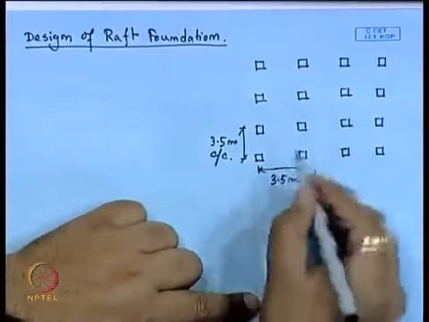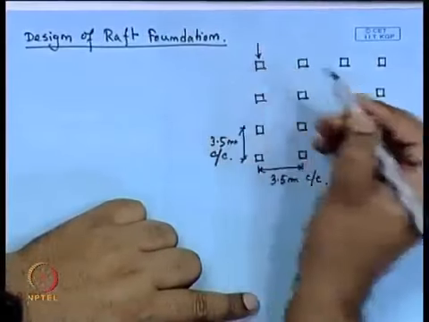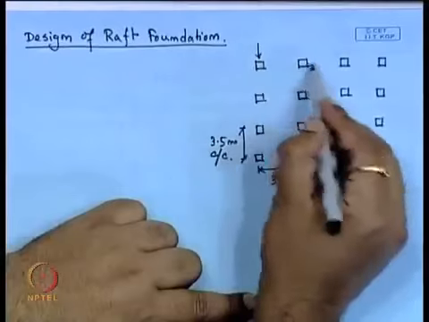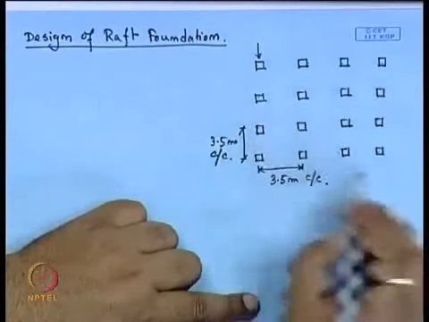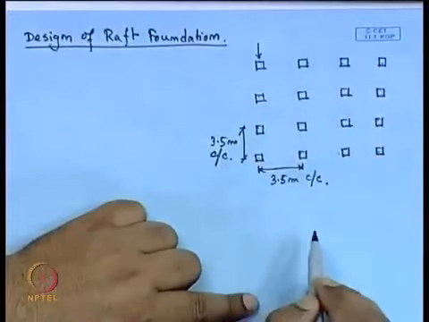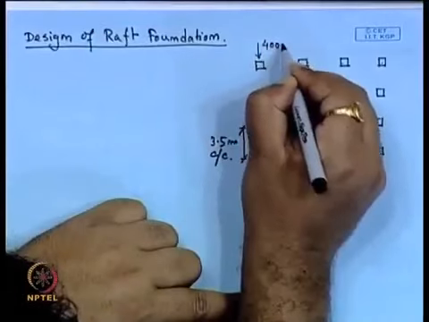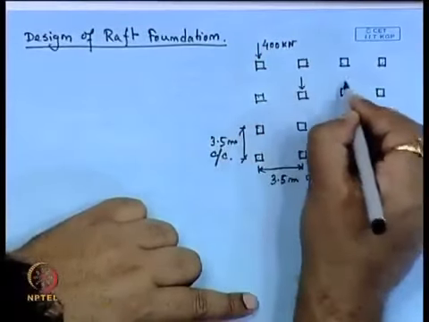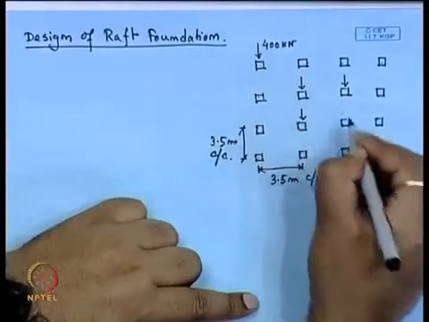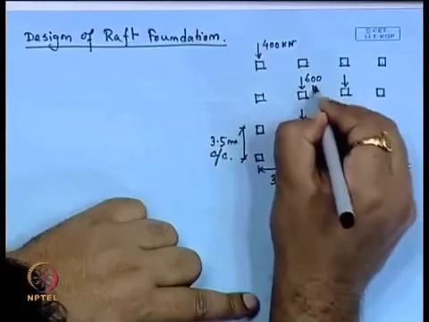So, the load that is acting on all the outside columns: there are 1, 2, 3, 4, 5, 6, 7, 8, 9, 10, 11, 12 outside columns and 4 inside columns. The load acting on each outside column is 400 kilonewton, and on each inside column the load acting is 600 kilonewton.